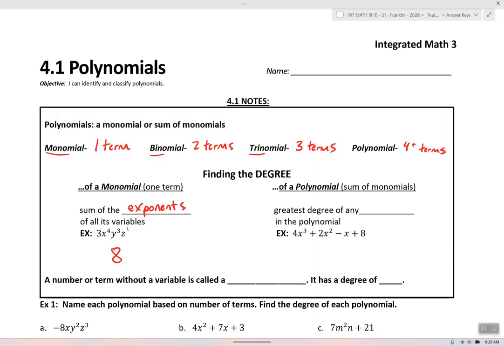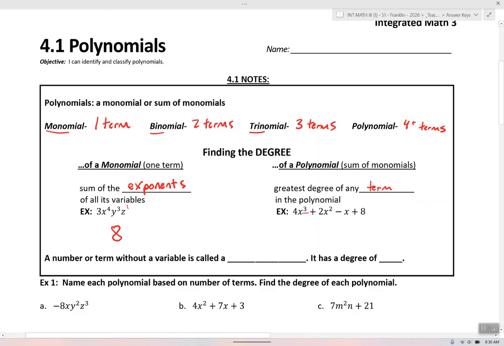Now, the degree of a polynomial, if there's more than one term, so the sum of more than one monomial, is the greatest degree of any one term in the polynomial. So to find the degree of a polynomial, we have to figure out what the degree of each term is. And the highest one is the degree of the polynomial altogether. So in this example, 4x cubed plus 2x squared minus x plus 8, the degree here is 3.